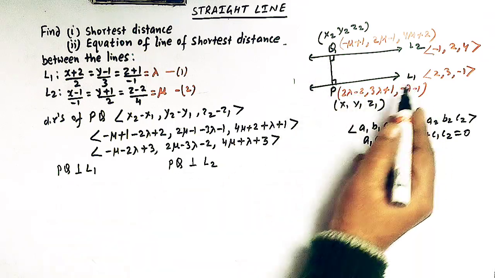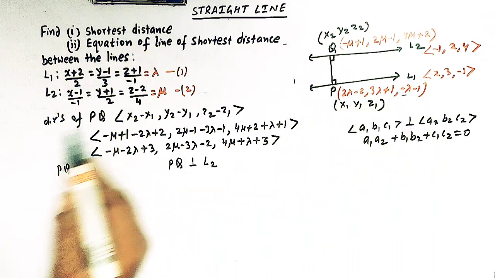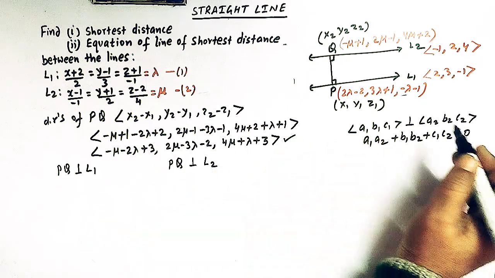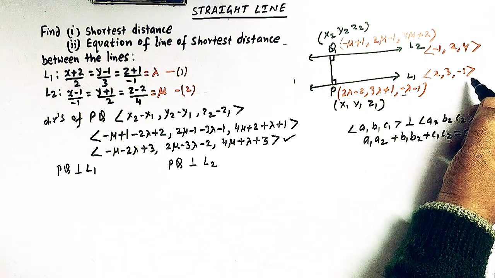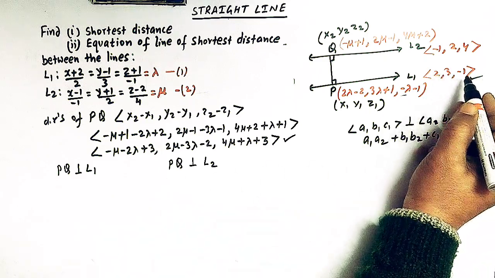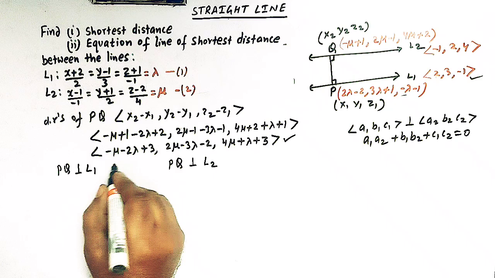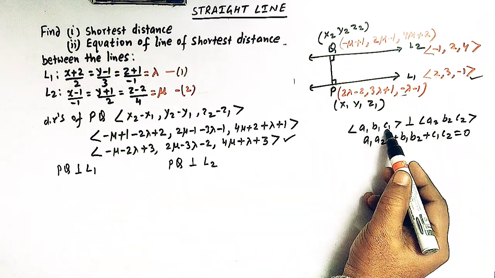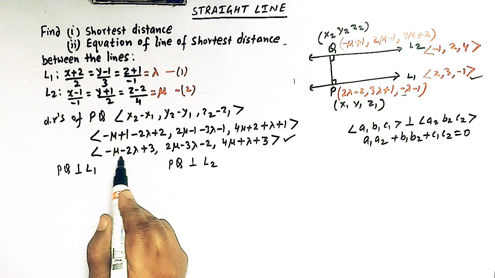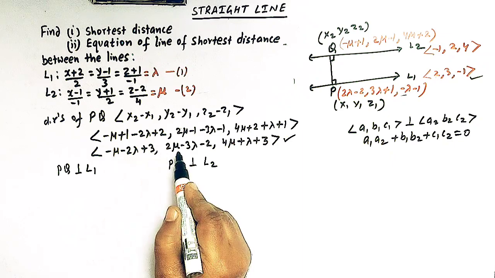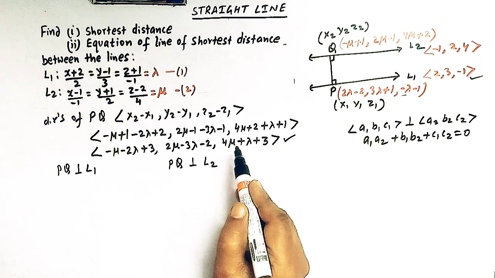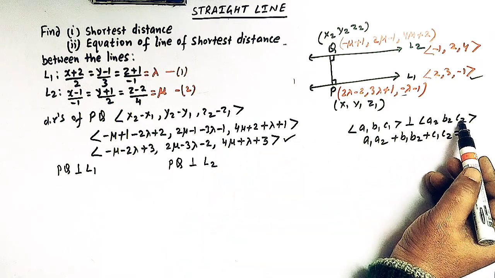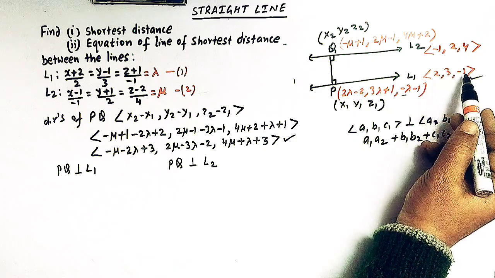So let us apply this concept to form two equations, right? PQ is perpendicular to L1, and the direction ratios of PQ are given by these numbers, and the direction ratios of L1 are given by 2, 3 and -1, right? So here we can now apply this condition. A1 B1 C1 may be taken as minus mu minus 2 lambda plus 3, 2 mu minus 3 lambda minus 2, and 4 mu plus lambda plus 3, and a2 b2 c2 may be taken as 2, 3 and -1.